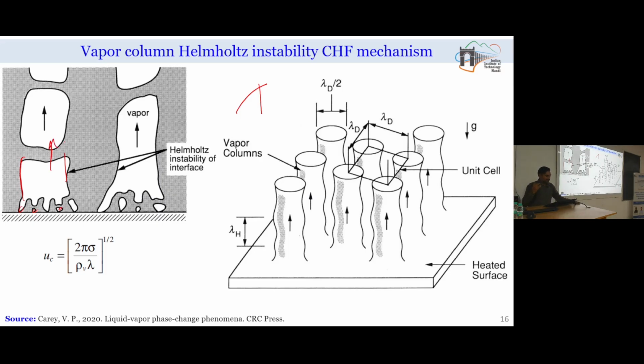Now, when these column like structures are formed, they have some surface waves. At a certain time, it may so happen that the amplitude of this surface wave is so high.